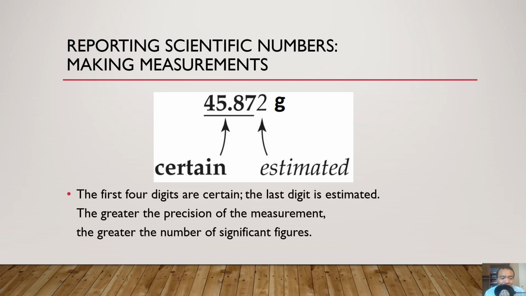So in this case, we have 1, 2, 3, 4, 5 numbers over here, which we call significant figures. We'll go into the details about how you count these numbers later on. So what we're going to do right now is to tell you how to actually do the recording.